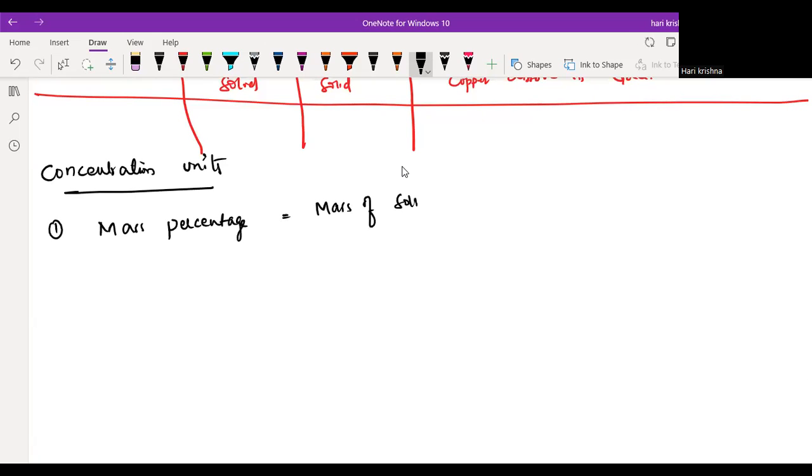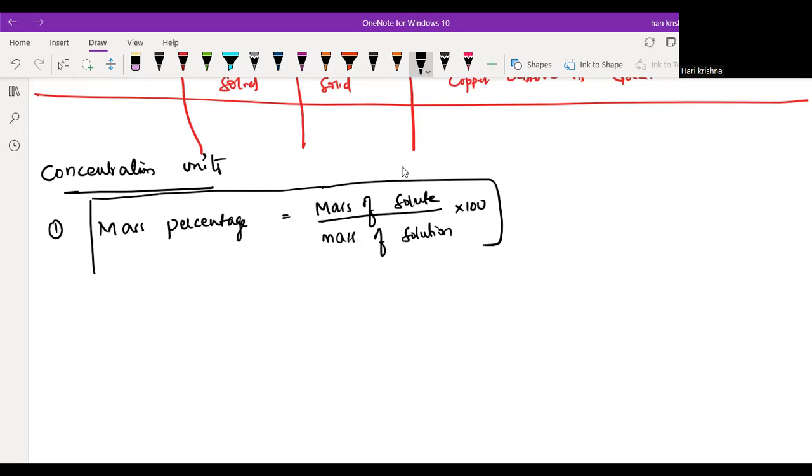Mass of solute to mass of solution into 100. That is the mass percentage formula. Simple. Mass of the solute by mass of solution into 100 will give the mass percentage.